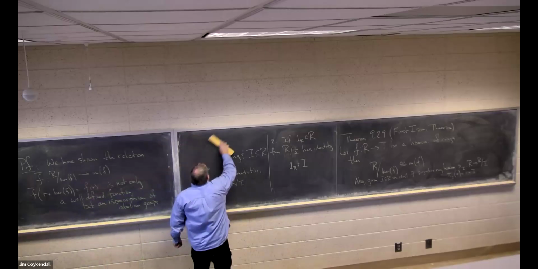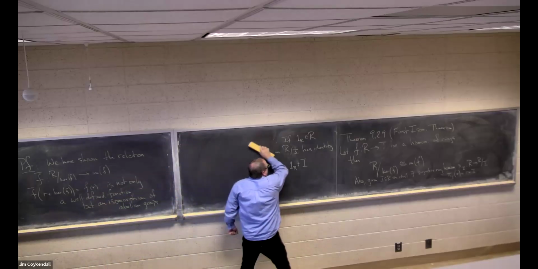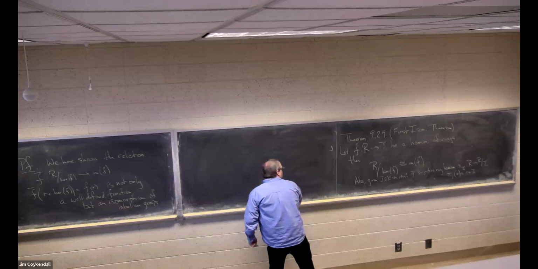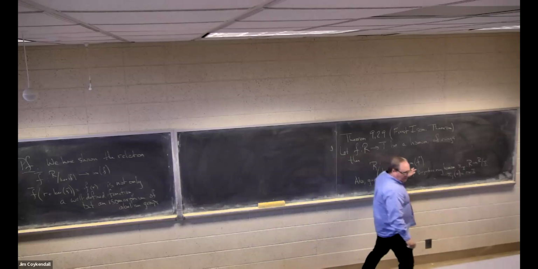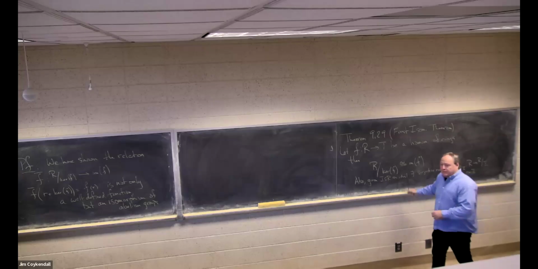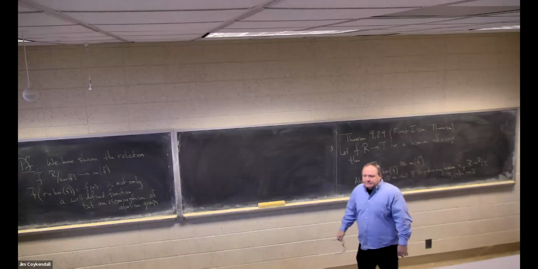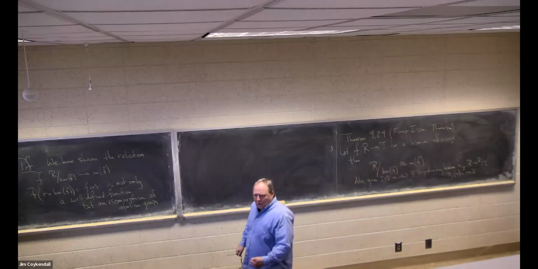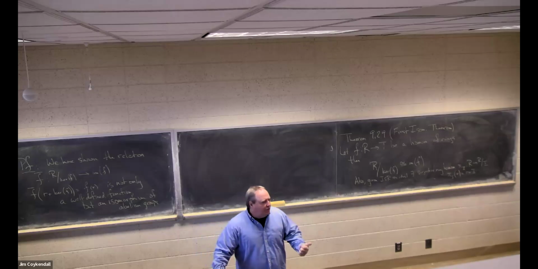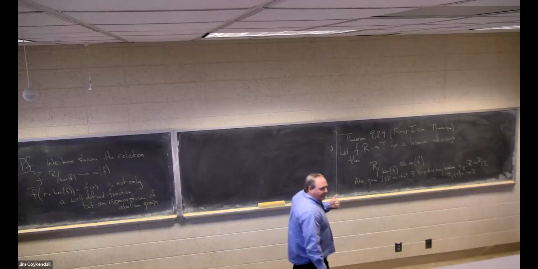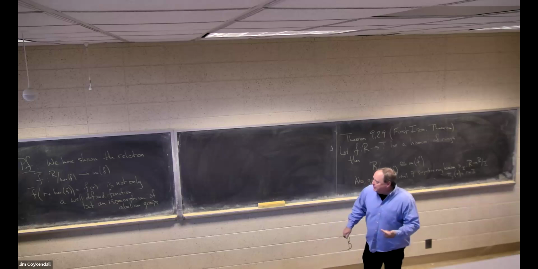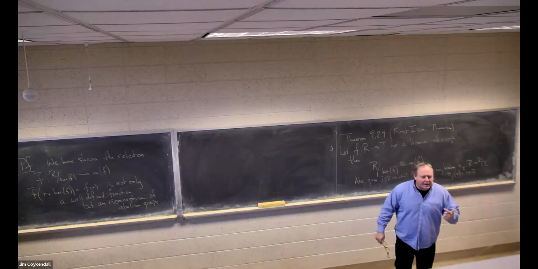So let's think about how this helps us. What do we need to do to finish off the statement of the first isomorphism theorem? What do we know? The function is well defined. The function is a homomorphism of abelian groups. And not only that, it's an isomorphism.